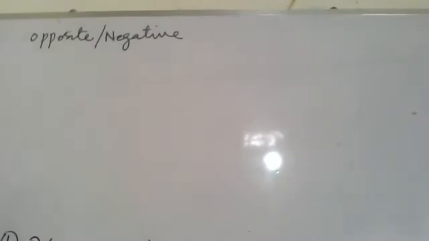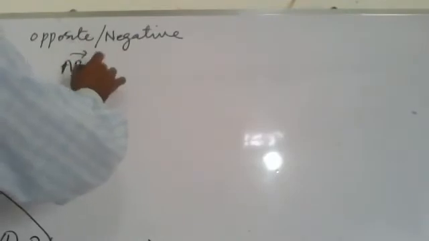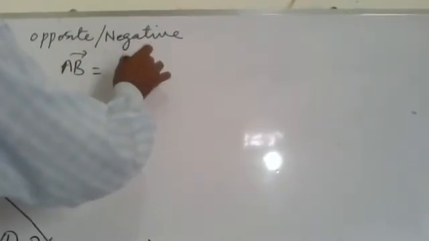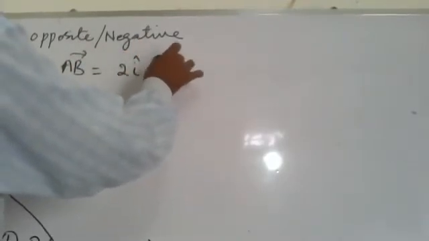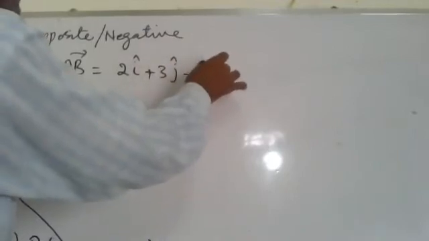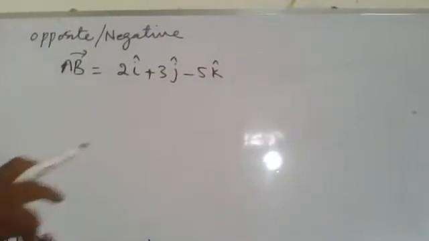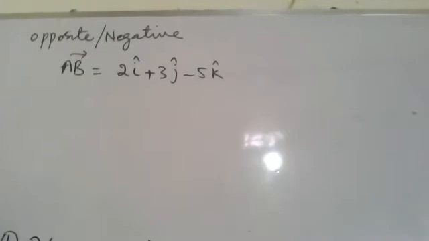So if we are given a vector, for example vector AB equal to 2i plus 3j minus 5k, and we are asked to find the opposite vector, that means vector BA.